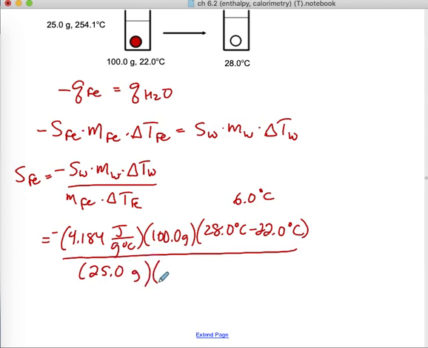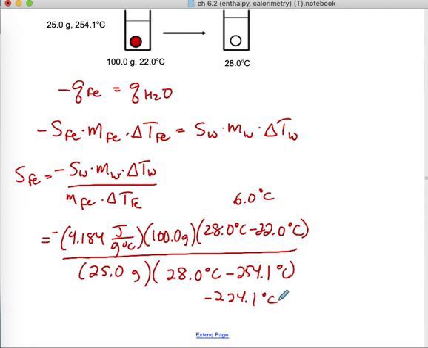My delta T of iron is final minus initial temperature. So, sorry, we said the final temperature was 28 degrees Celsius, minus 254.1 degrees Celsius, or a value of negative 224.1 degrees Celsius.